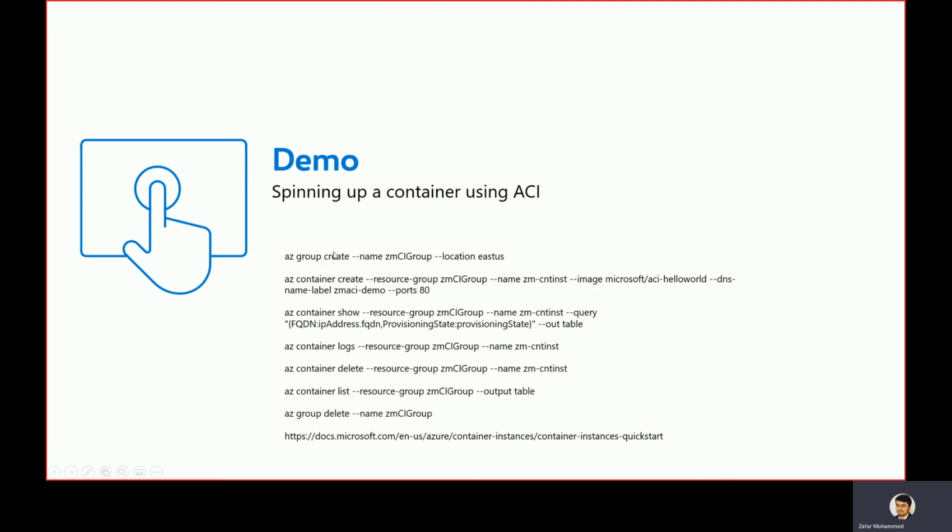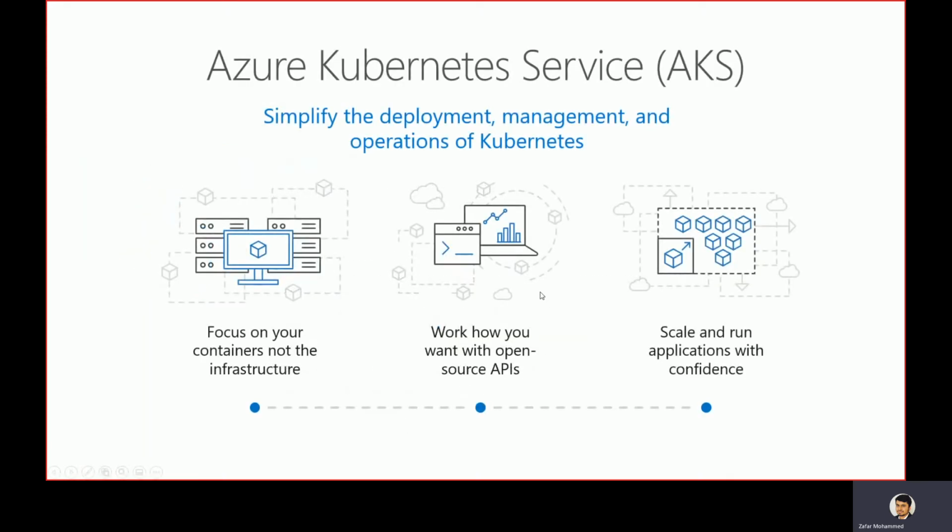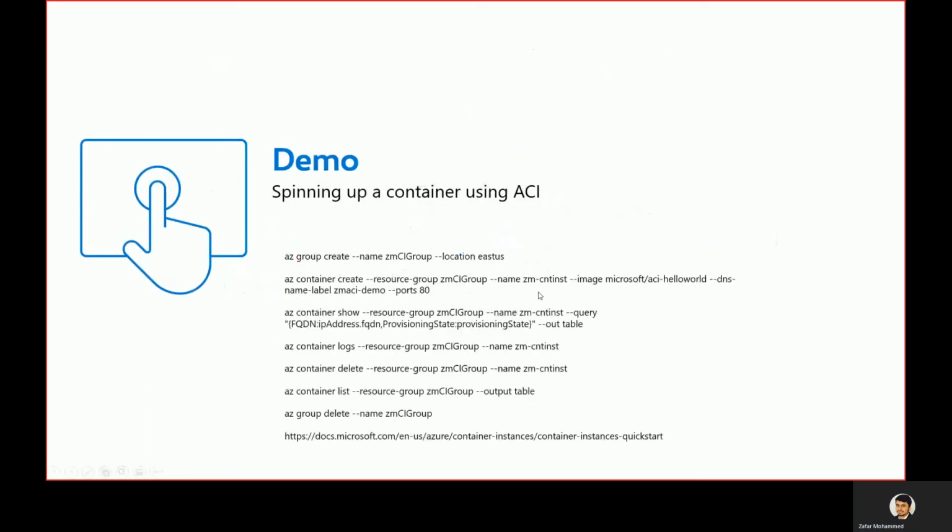The first command basically creates the resource group. The second command creates a container in that particular resource group, and also pulls the image from the Microsoft public repository. And that image is ACI Hello World. I pull that from the Microsoft repository and apply it over to the container.